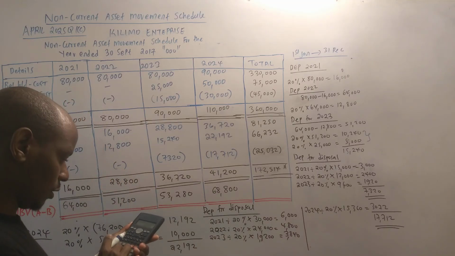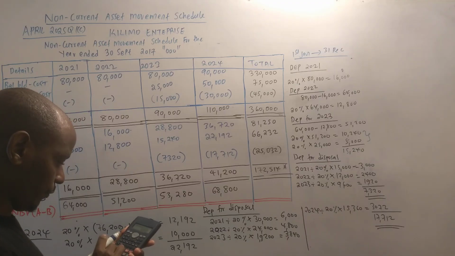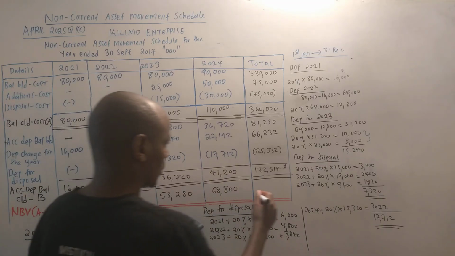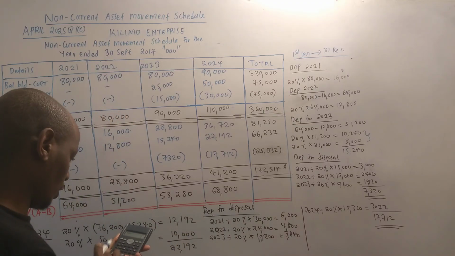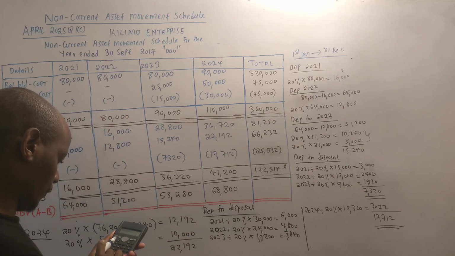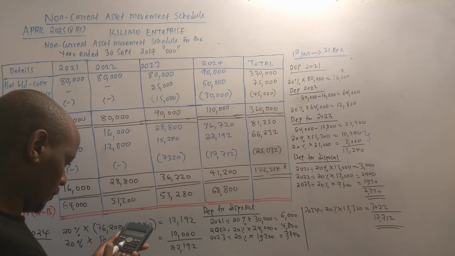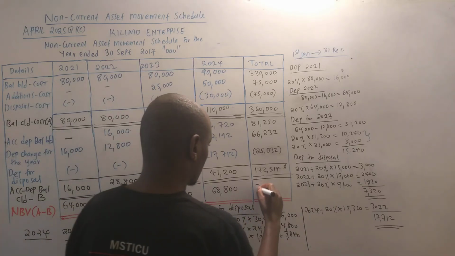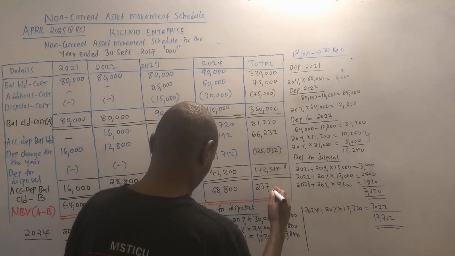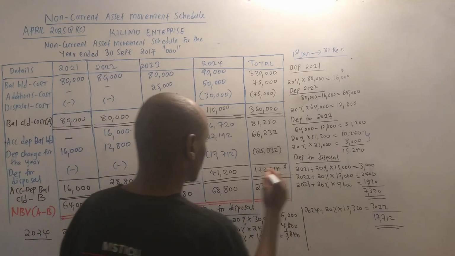Then you have 360,000 minus 172,514. Supposed to give us 187,486. Let's confirm with this one. 64,000 plus 51,200, 53,280, 68,800. Supposed to be 237,280. Let us confirm.